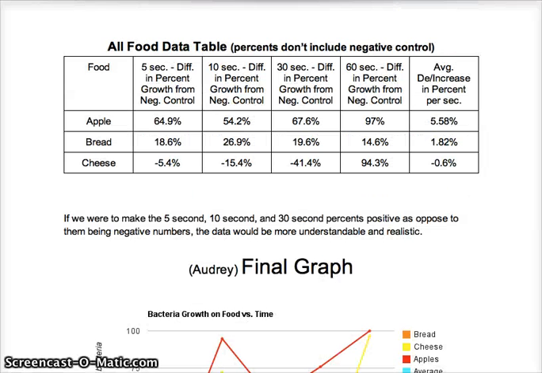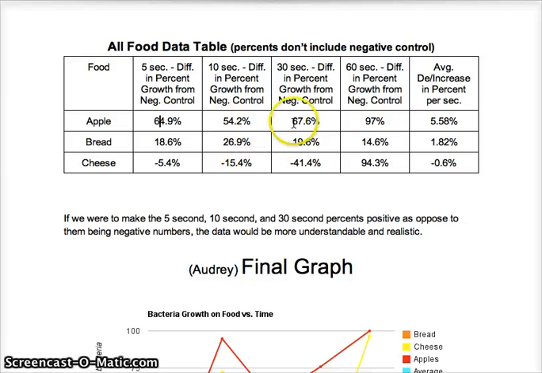Here's our all food data table. These are the different data points for each food. So after 5 seconds, apples attract the most bacteria, where cheese purifies. After 10 seconds, apples again has the most bacteria.